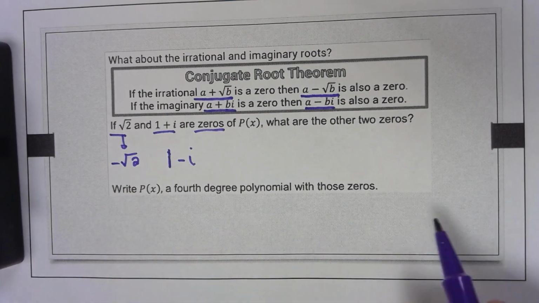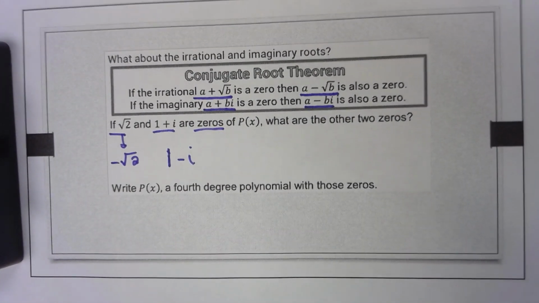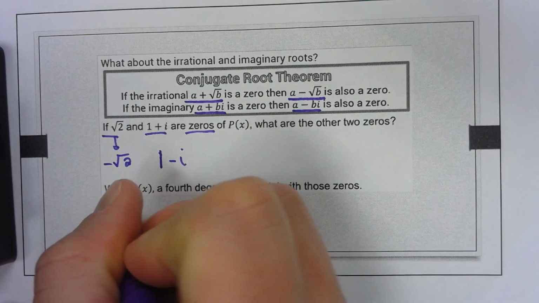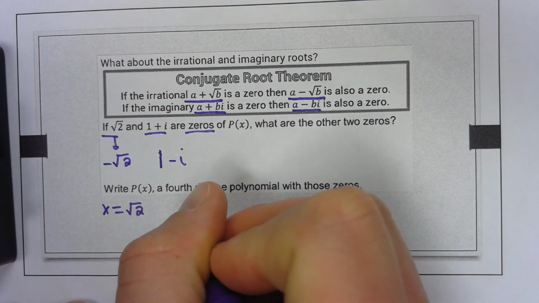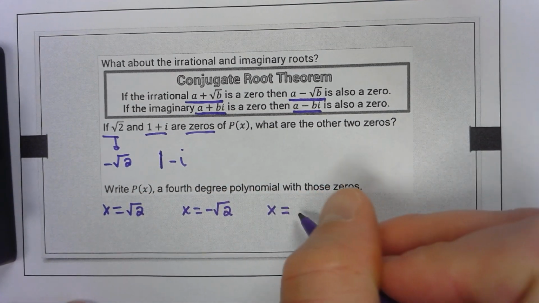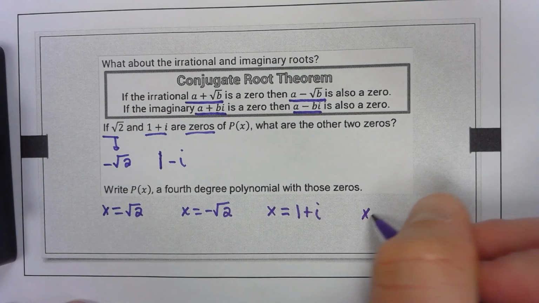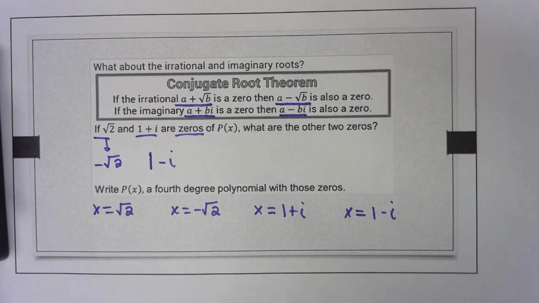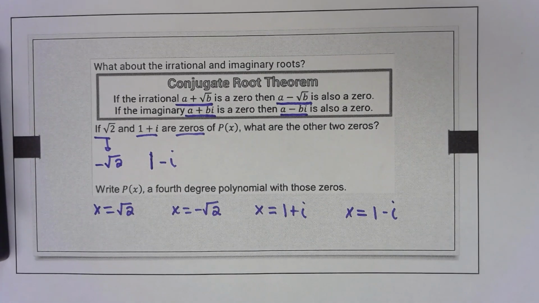All right, so again, when we are given solutions or zeros, I just start with x equaling those zeros or those solutions. So x equals root 2, x equals negative root 2, x equals 1 plus i, and x equals 1 minus i. So those are the four zeros, or the four solutions.